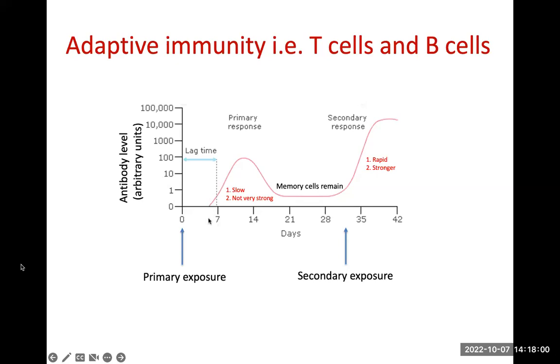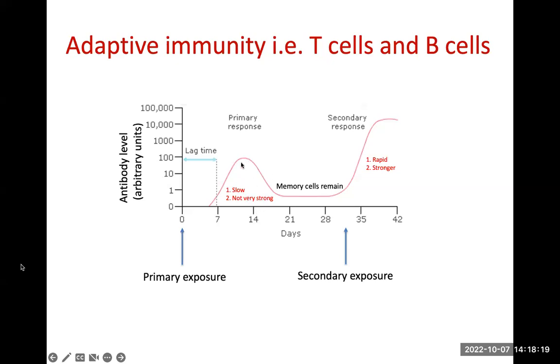So then your B cells come in, they start producing antibodies, and that's what we call the primary response. But as you can see, that comes a bit late, and it's not very strong. It will be good enough, but yeah, it will have its own limitations.